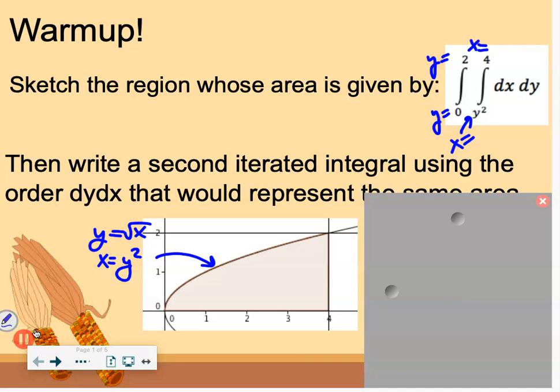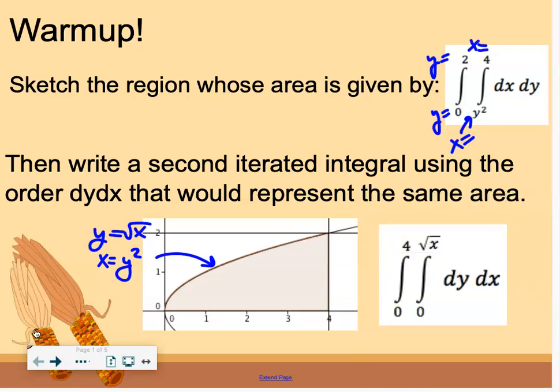So when we do our rewrite of our integral, and this is our focus today, double integrals where we reverse the limits, here's what you think. This is dx dy, so we're going to do dy dx. First we look at our y values, so you think low to high.